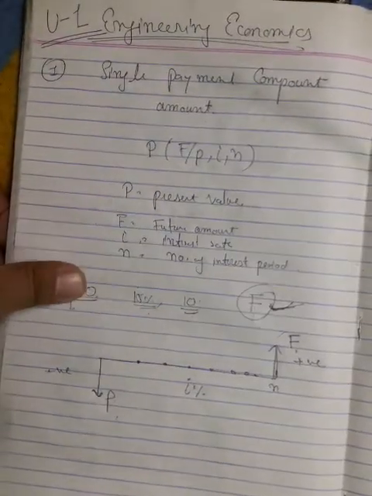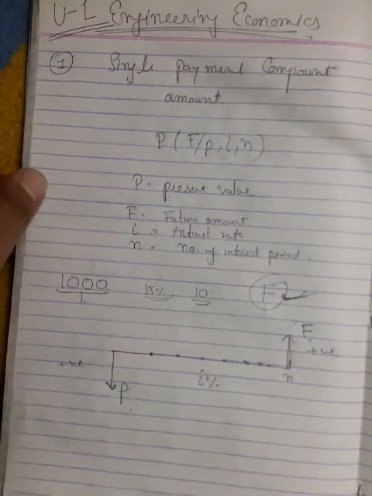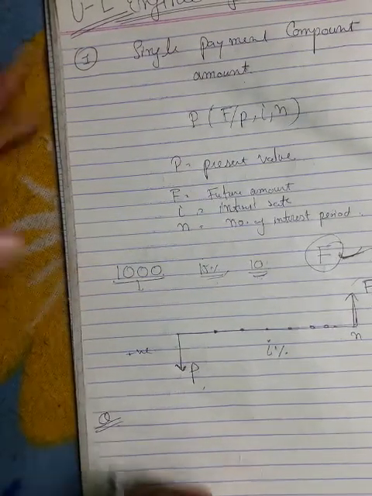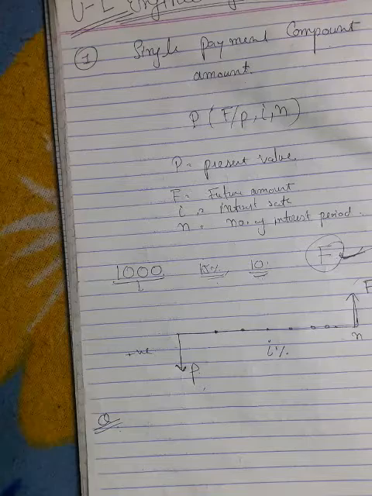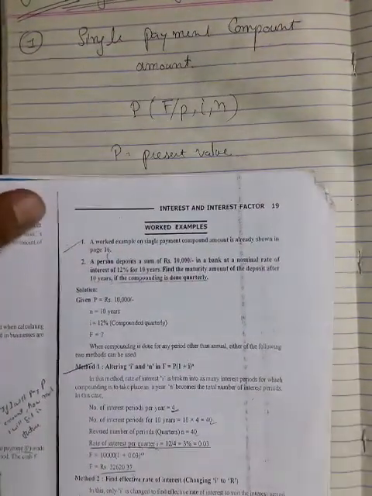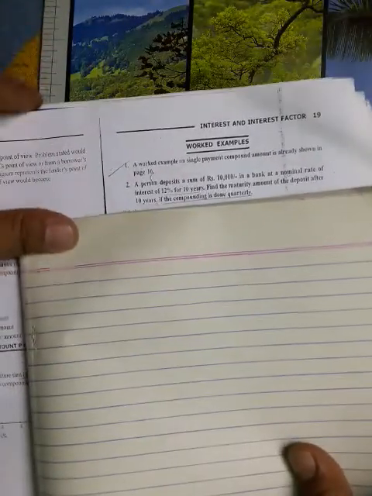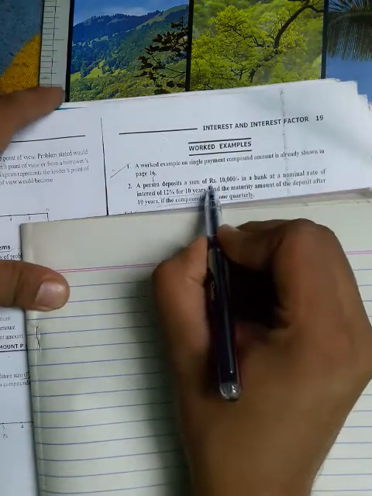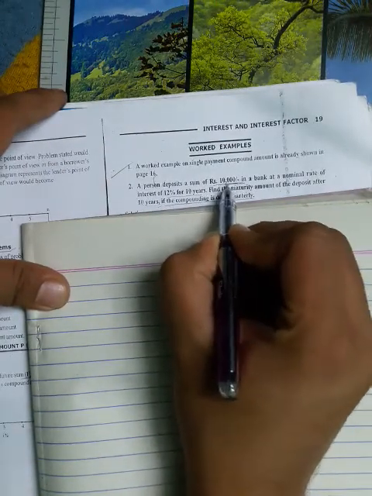So let's solve one problem in this topic, from the book. In the book they have given that a person deposits a sum of rupees 10,000.